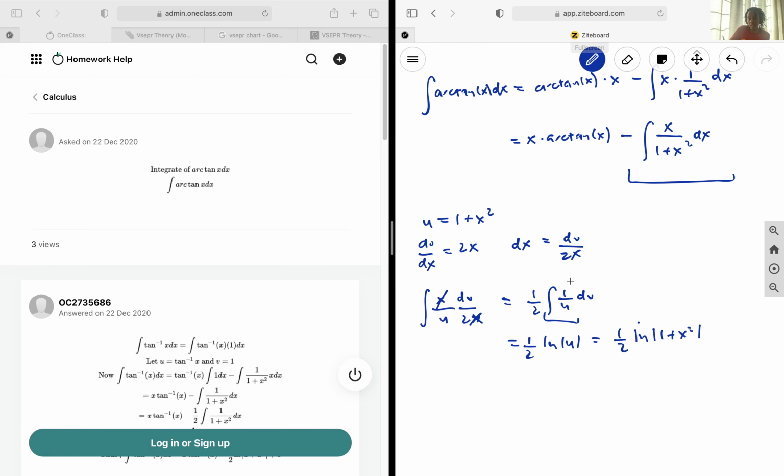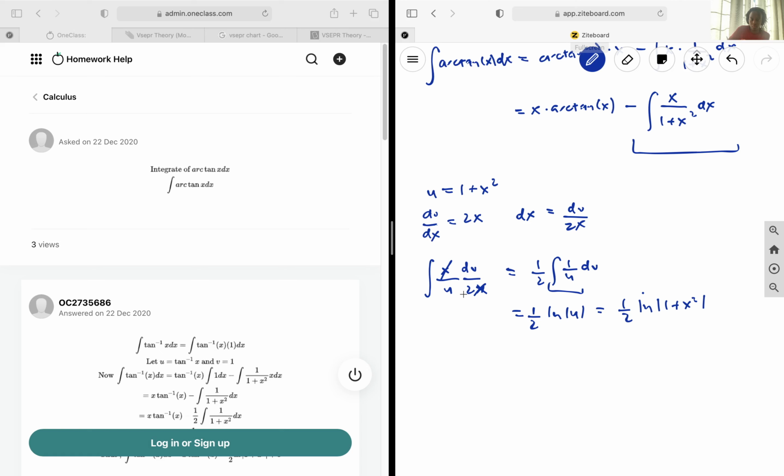And so when we put that back in here, we get that the integral of arctan x dx is equal to x multiplied by arctan x minus a half the ln of 1 plus x squared. And let's not forget about the plus c. And this is going to be our final answer.